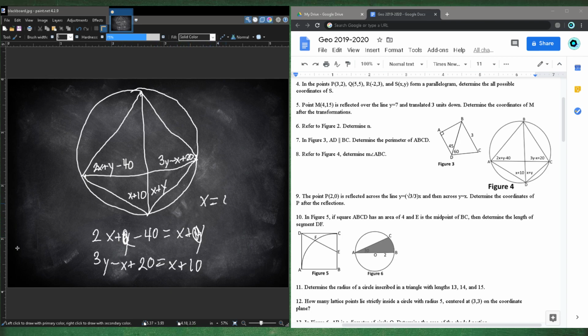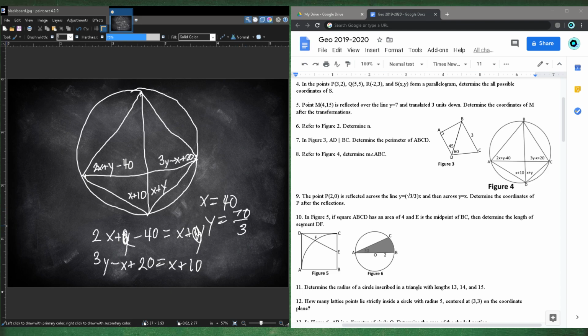Okay, so we already got 40. Now we need to find y. Plugging 40 in, that's 50. 50 minus this 20 is 30. So 30 plus that 40 again, because this is minus, so going to the opposite side, you plus that 40. So that's going to be 70, and then 70 divided by 3 is your y.